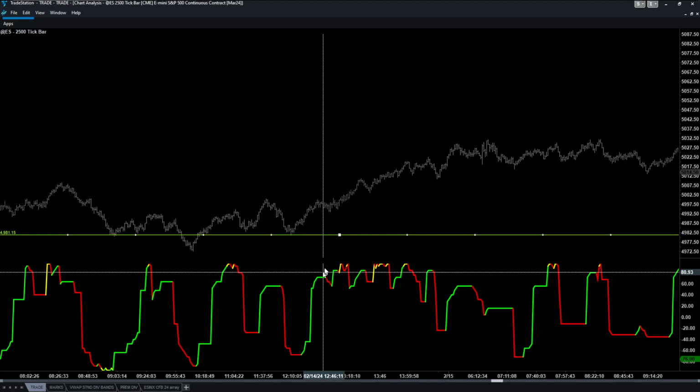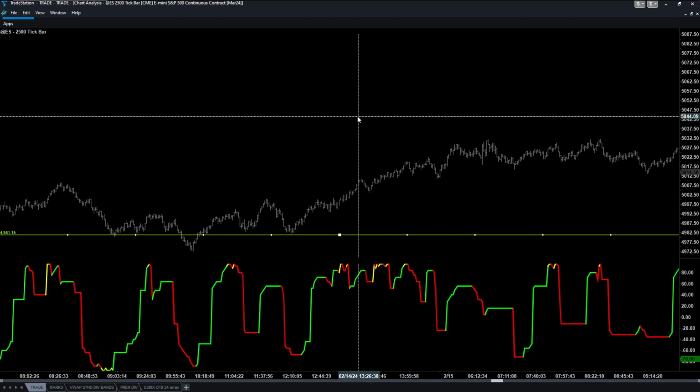So let's take a look at that next indicator now. And that indicator we're going to first look at in conjunction with this is going to be the RSX. Now we've got several different RSX on the chart. I'm going to use, first of all, the one that is set to 10 and 0.1.